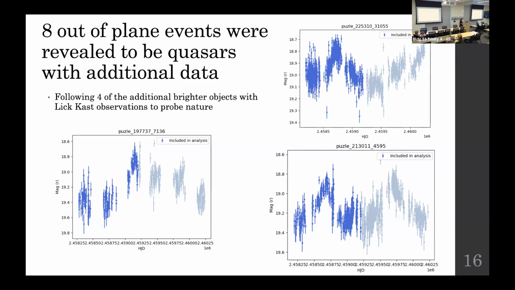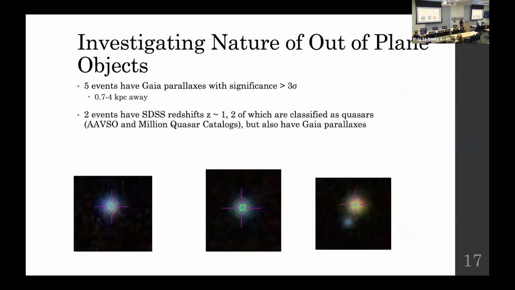So of the 11 remaining objects, we're following up the brightest ones with SPLAT-CAM to probe their nature. Of those remaining ones, 5 of them have Gaia parallaxes, so that's a good sign. That indicates they're between 0.7 and 4 kiloparsecs away.